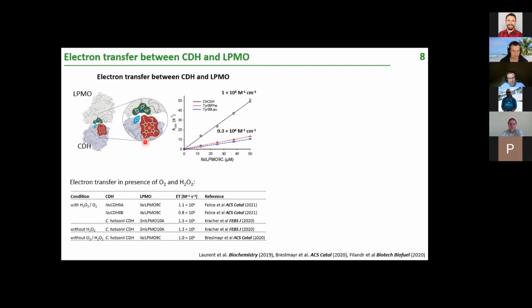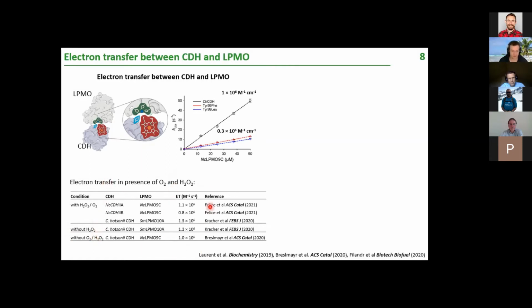Also, over time, we monitored a number of different CDH and LPMO pairs and tested this electron transfer reaction. We did that under varying conditions that contained the co-substrates, hydrogen peroxide and oxygen. We did it in the absence of hydrogen peroxide, and in the absence of oxygen or hydrogen peroxide.